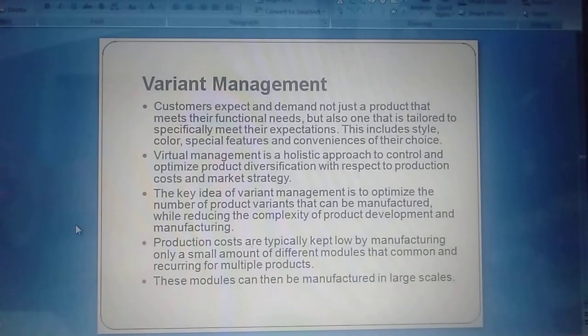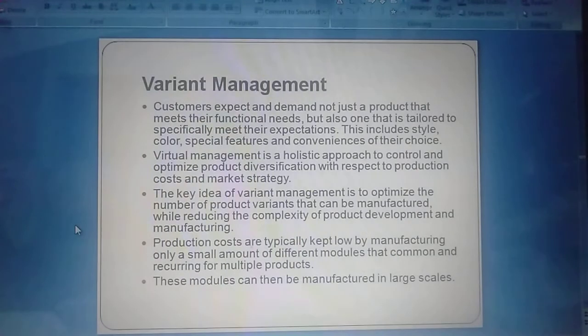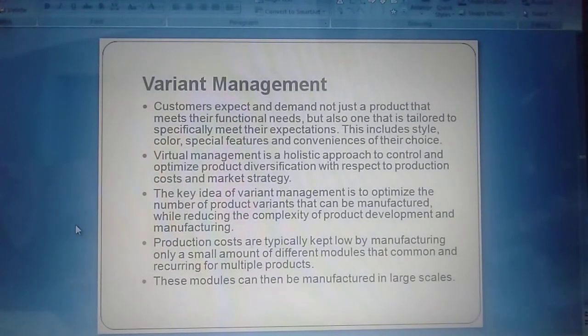The key idea of variant management is to optimize the number of product variants that can be manufactured while reducing the complexity of product development and manufacturing. The production costs are typically kept low by manufacturing only a small amount of different models that are common and recurring in multiple products. These models can then be manufactured on a large scale.